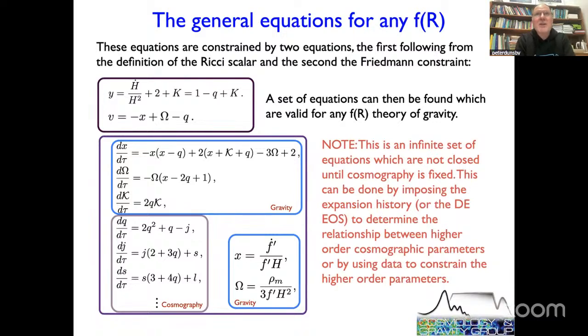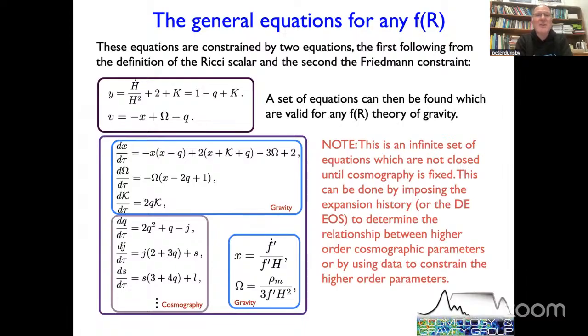So it's closed in the sense that you don't need to specify f of r, but you still have a problem in that, because your cosmographic series is an infinite series, you have an infinite set of equations for the cosmographic series, q, j, s, and so on. So you still need to input something to be able to close the system of equations. And you can do this in two ways.